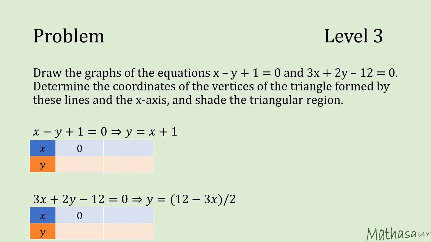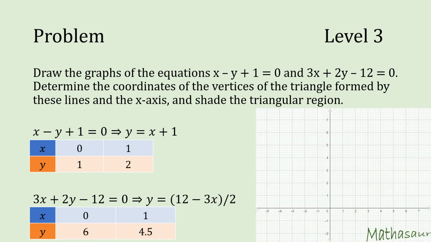Let us substitute x equals 0 for both the equations and find out the value for y. Similarly, let us put x equals 1 for both the equations and find out the corresponding value of y. Let us plot these 4 points on the Cartesian plane and draw our lines.